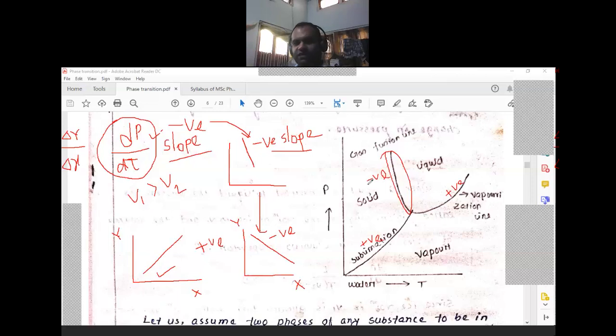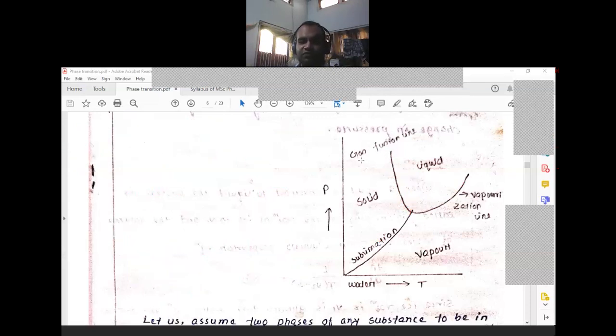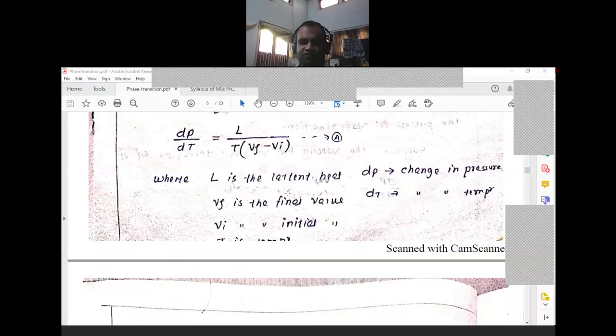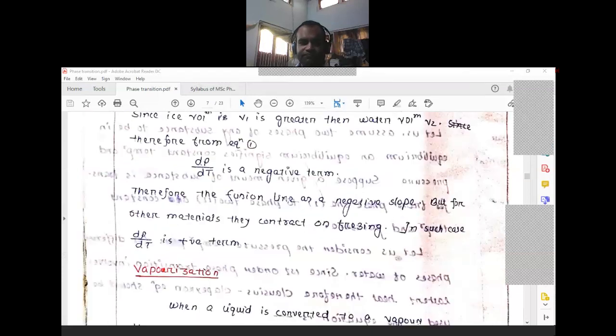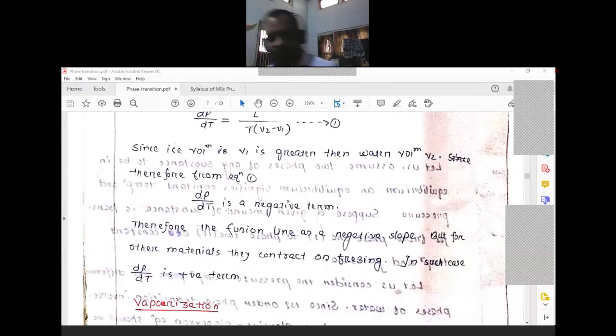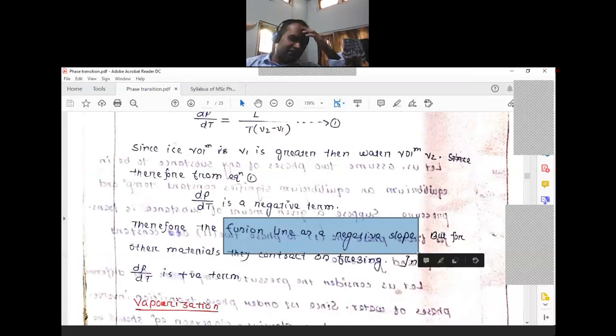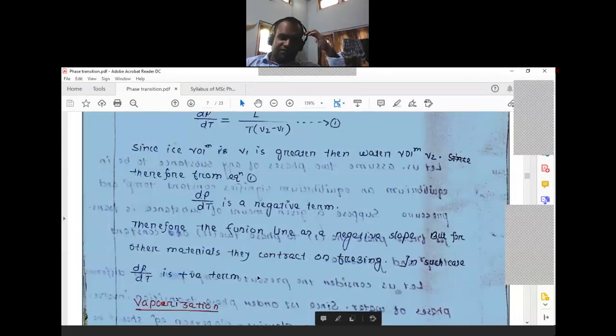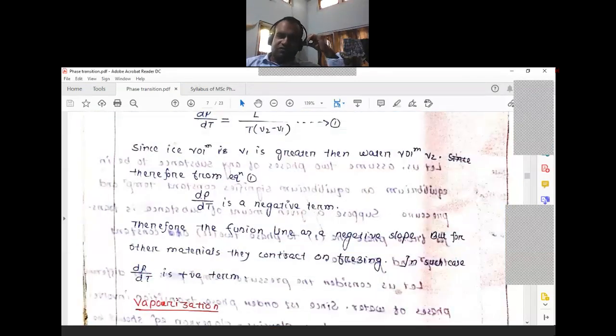So these two, the vaporization and sublimation plots, are positive slopes, whereas this is a negative slope. I hope this concept is clear to you, because the next two things will also be like this. Okay, I'm removing the annotation, and I hope you have understood the fusion phenomenon.